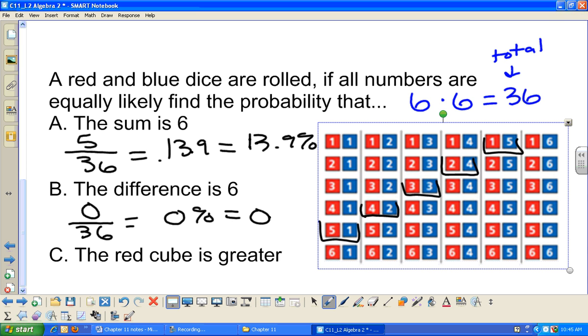The red cube is greater. Well, I'm still going to have 36 different possibilities. And I'm going to circle all the places where the red cube is going to be greater.